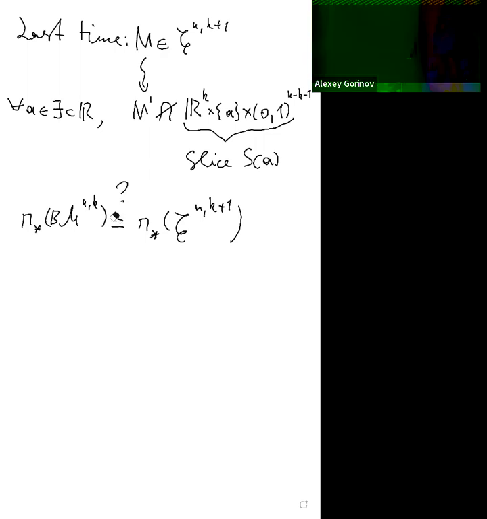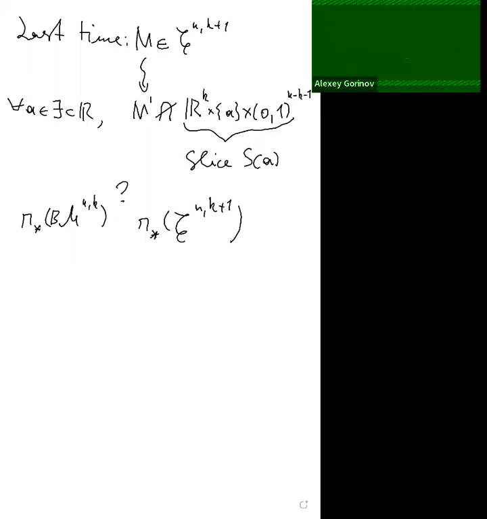Well, more precisely, we don't want those groups just to be isomorphic. We want an isomorphism to be induced by a map. We constructed a map last time, and we want to show that this map, which we denoted sigma, induces an isomorphism of the homotopy groups.